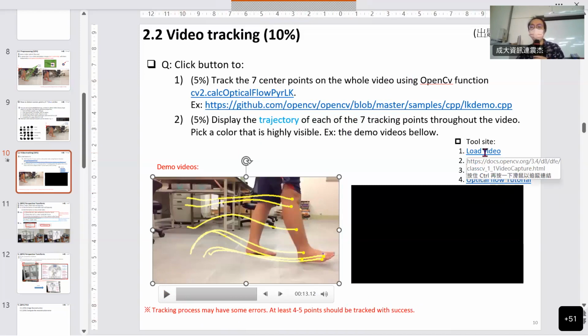There are some tips you can check, about low video, circle detection, optical flow, and tutorial. If you can check successfully 4 or 5 points, that's fine.